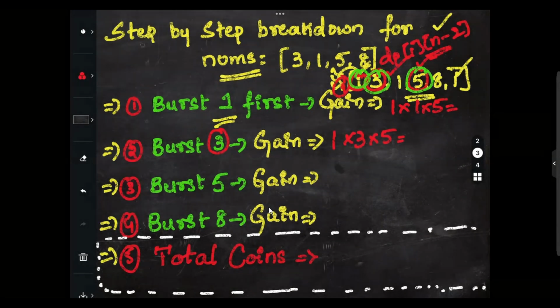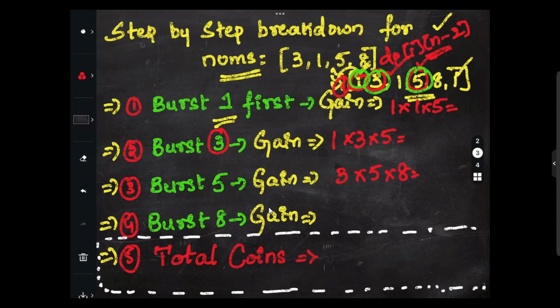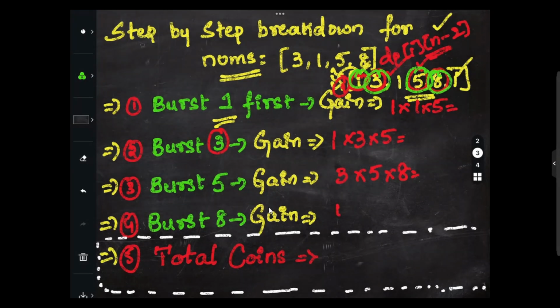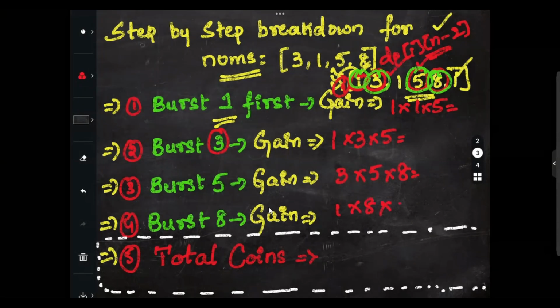When we burst 5 here, we will consider 3 into 5 into 8. Next step, finally we will burst 8. When we burst 8, it will be 1 into 8 into 1.